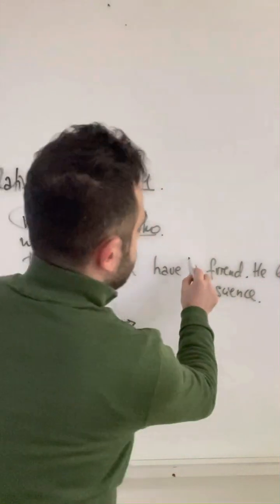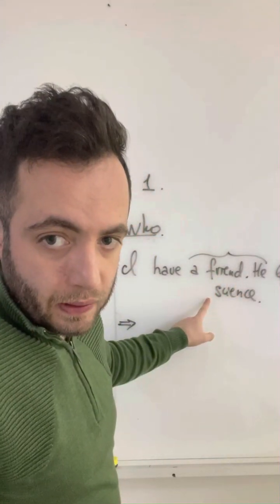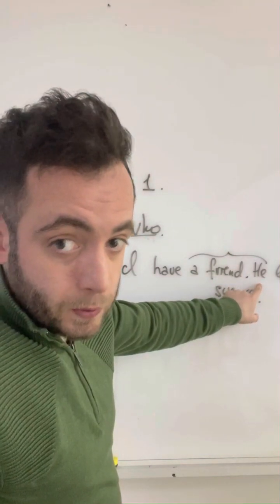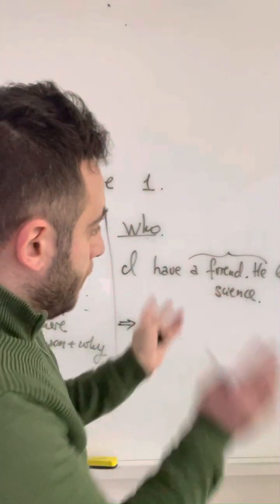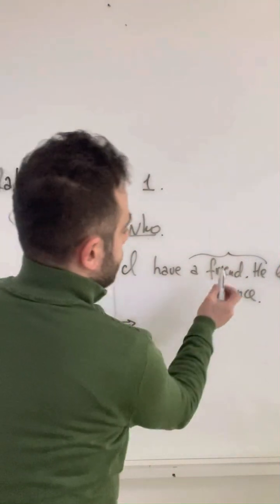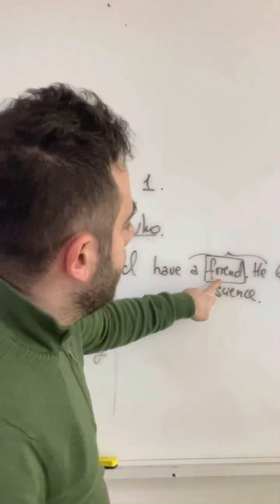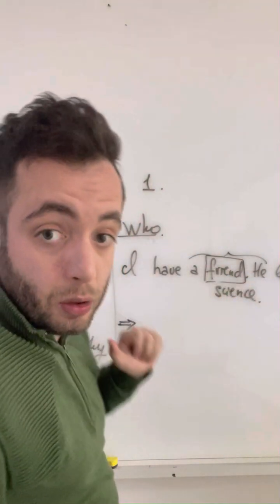When you see the same components in the sentences, say friend, because the pronoun he is a reference to friend from the previous sentence, we can combine them. We keep the first noun here, but we make a change here. Instead of this pronoun, we use a relative pronoun.